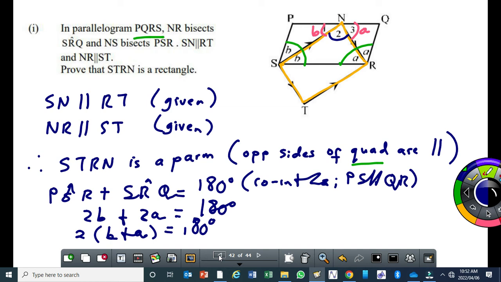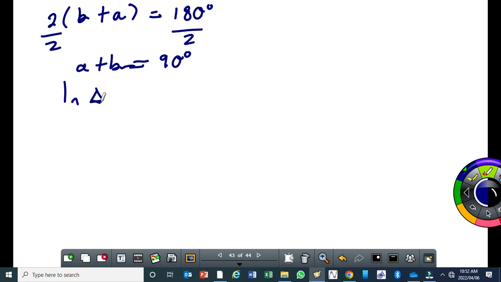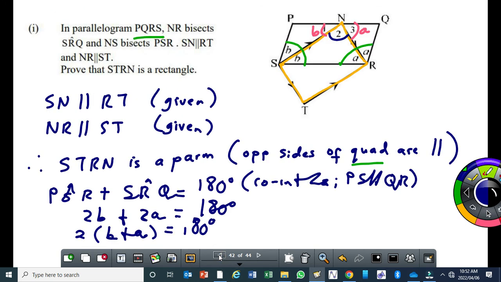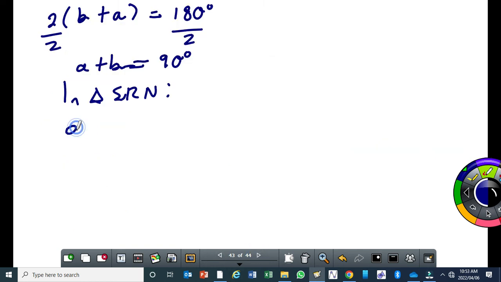Please, this is not the only way; I'll show you another way. In triangle SRN, A plus B plus N2 is equal to 180 degrees.